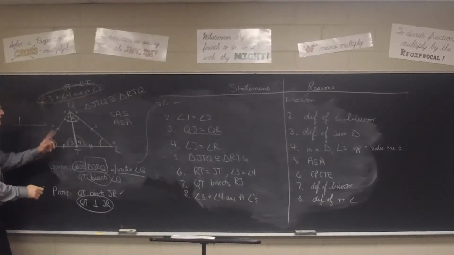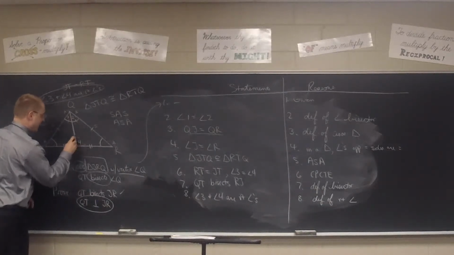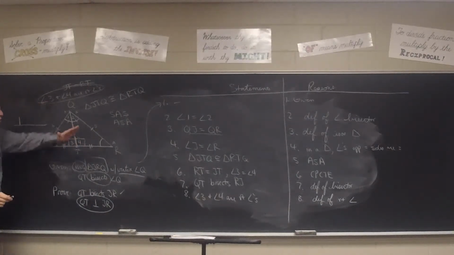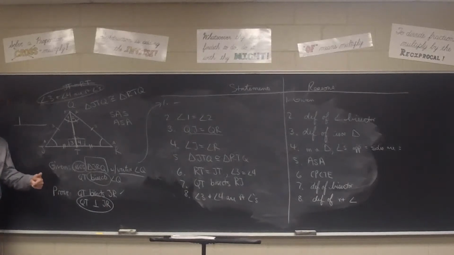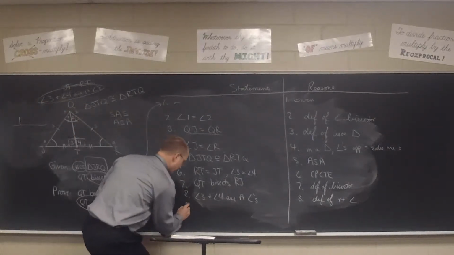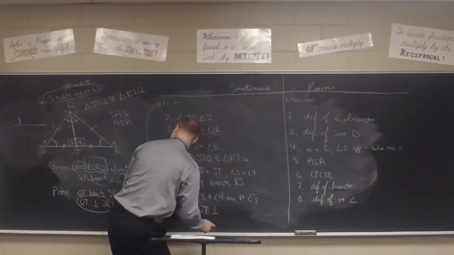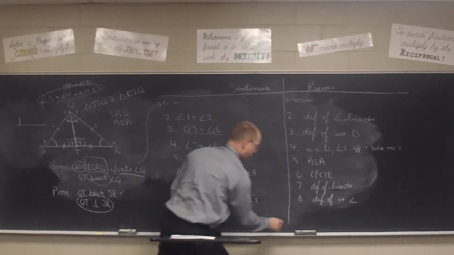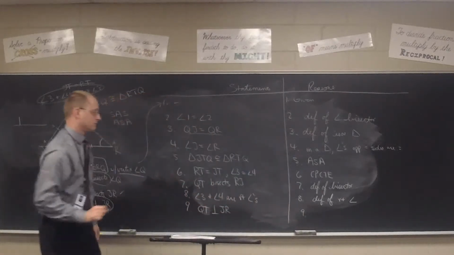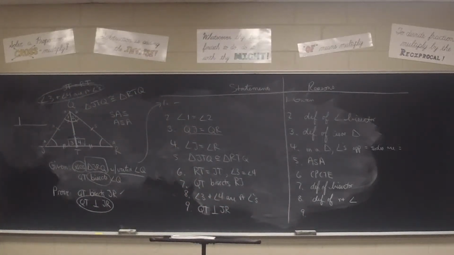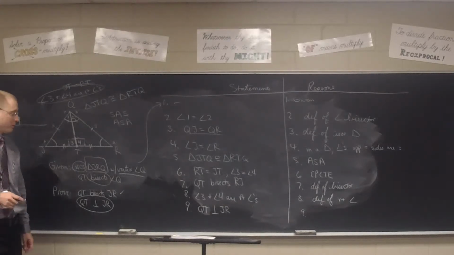And since 3 and 4 are right angles, that means that these two lines then, class, have to be perpendicular. Number 9, we're done. QT is perpendicular to JR. How do I know that? We just proved it. How? What's my reason?